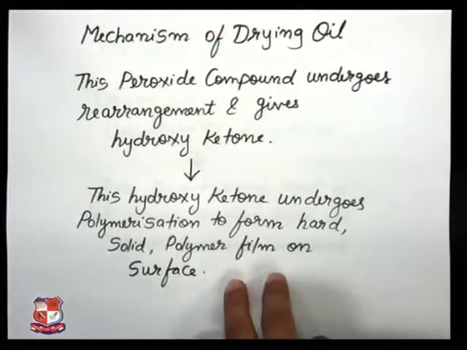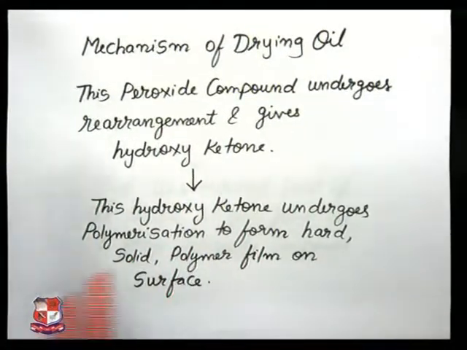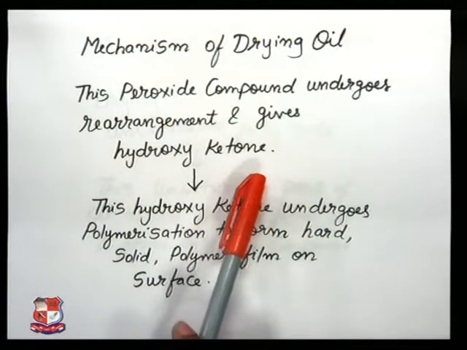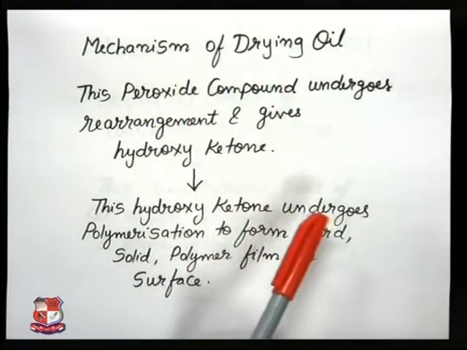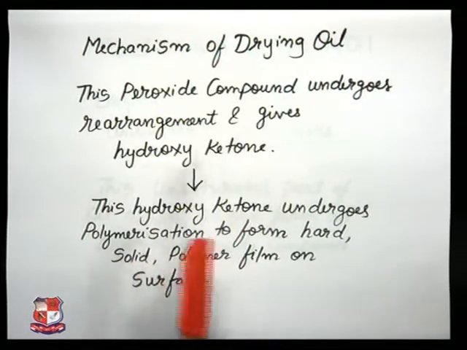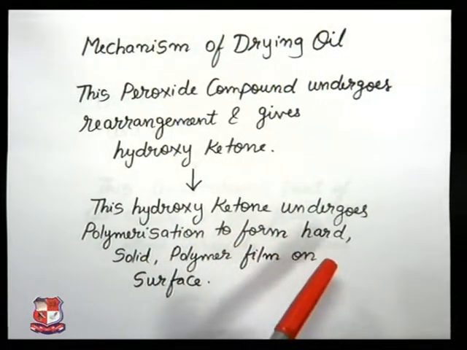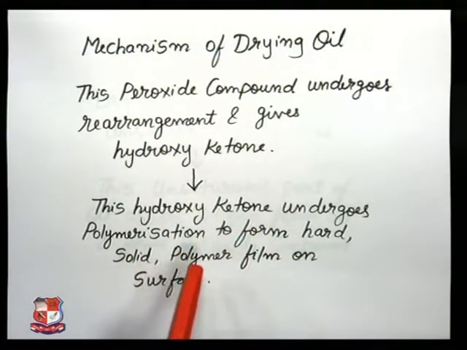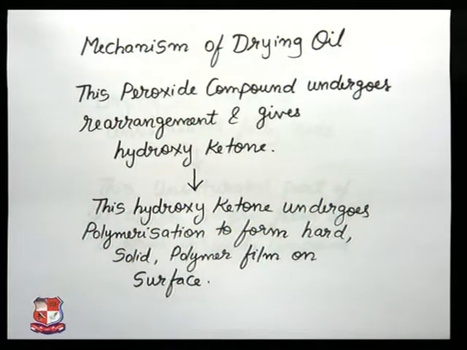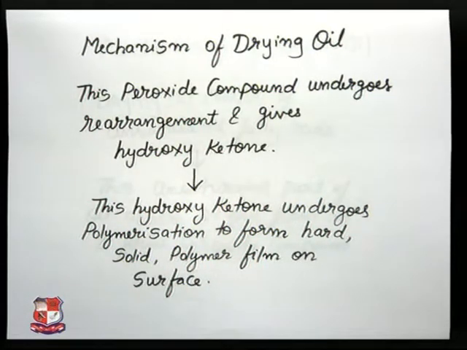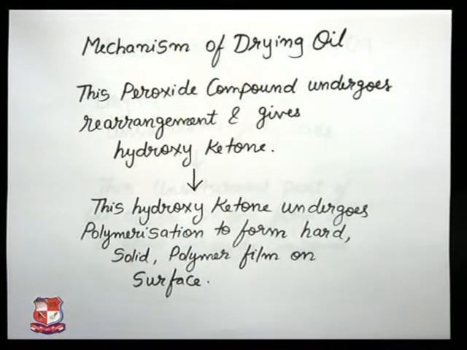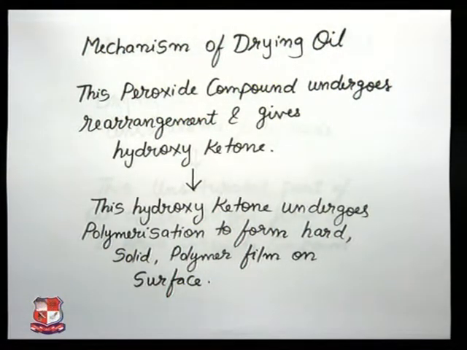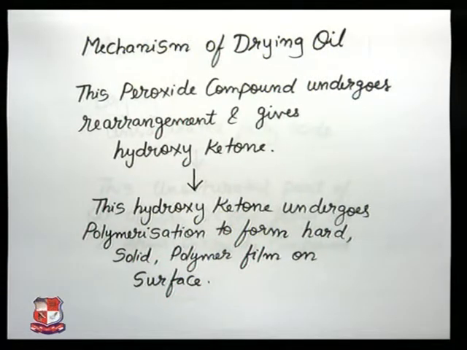It is going to undergo rearrangement and form hydroxy ketone. This hydroxy ketone formed will undergo polymerization, and finally it is going to form a hard solid polymer film on the surface. Clear? So this is how the drying oil works, and this is how your paint gets dried.